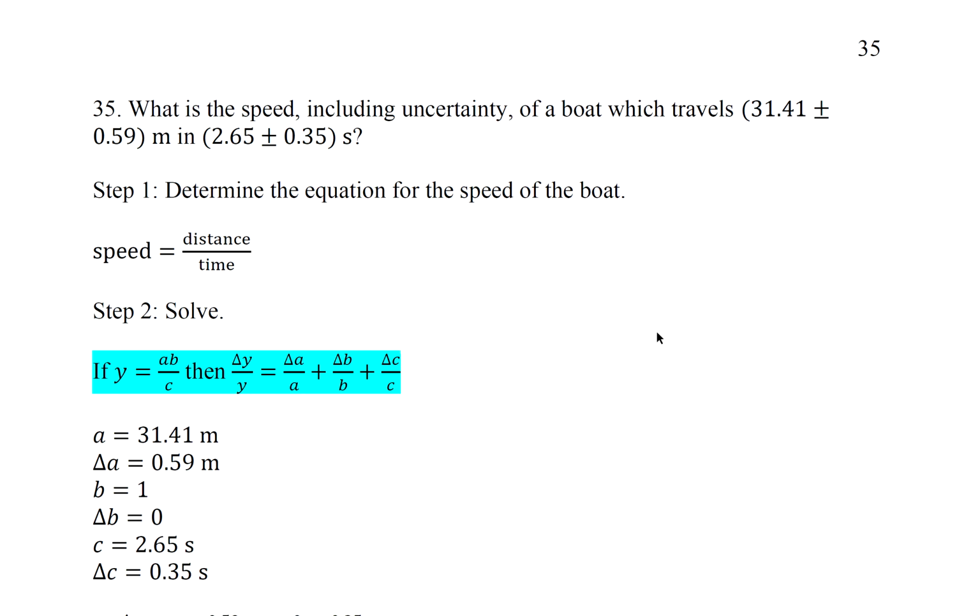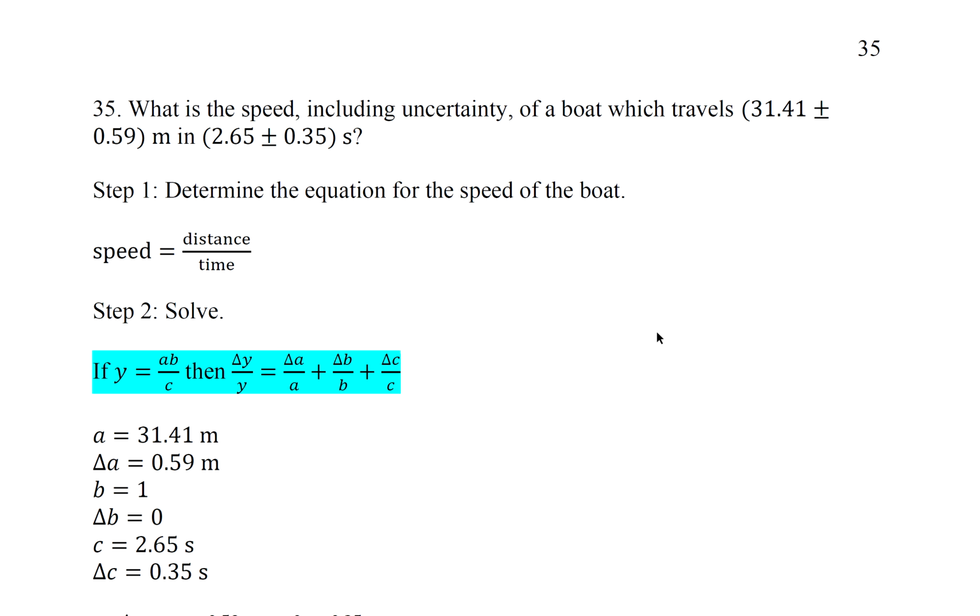Question 35. What is the speed, including uncertainty, of a boat which travels 31.41 plus or minus 0.59 meters in 2.65 plus or minus 0.35 seconds? So, step 1, determine the equation for the speed of the boat. Speed is distance over time. Looks like we're dividing. So now we have to use the equation in blue. So b is 1, delta b is 0.